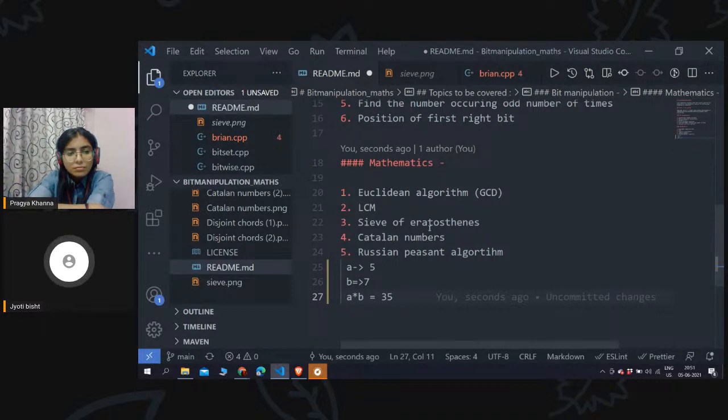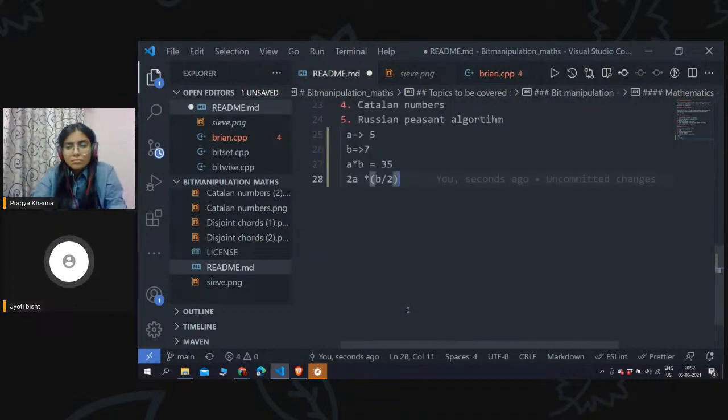It's Russian peasant algorithm. If A star B, I can write A star B as 2A divided by 2 into B by 2. Can I write it as this? Multiply and divide by 2. Can I write it as this? मतलब इसमें कोई error होगा? I don't think so. There will be any error in this.